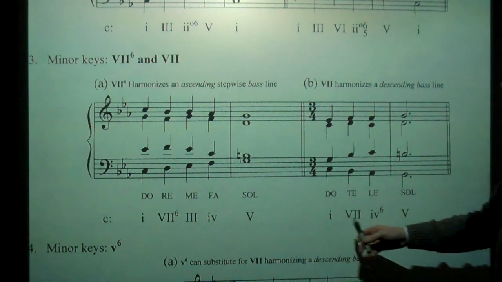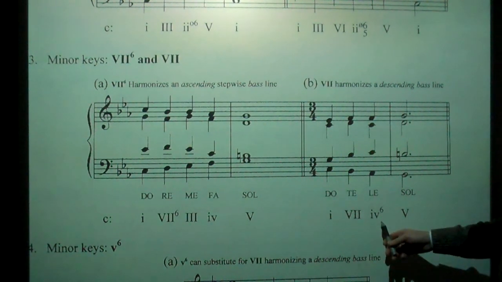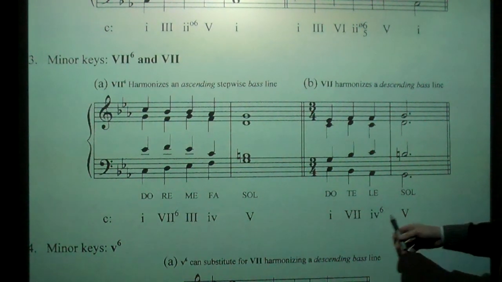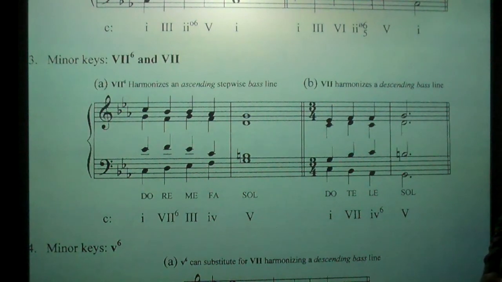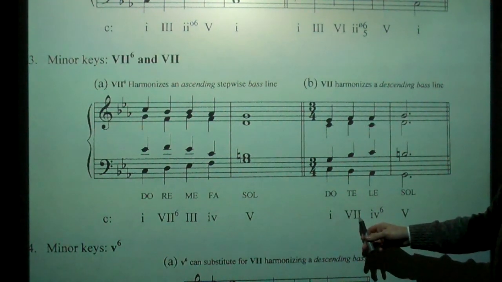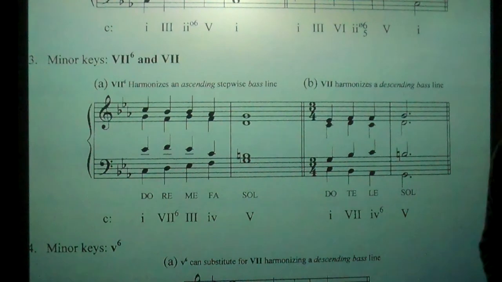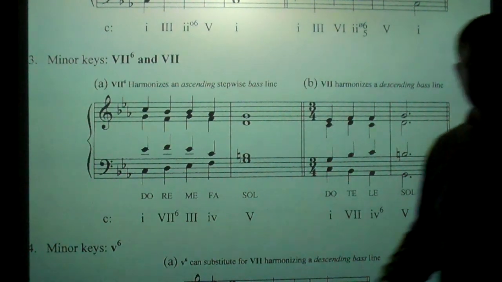Harmonize these notes in the bass with these chords: 1, capital 7, minor 4, 6, capital 5. Once again, 1, capital 7, minor 4, 6, and capital 5. Let's listen to that progression.